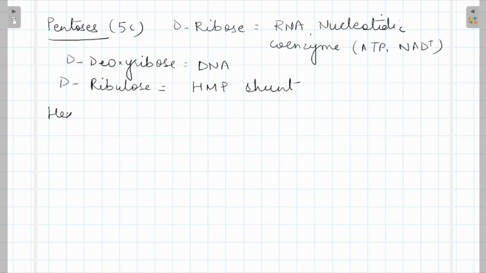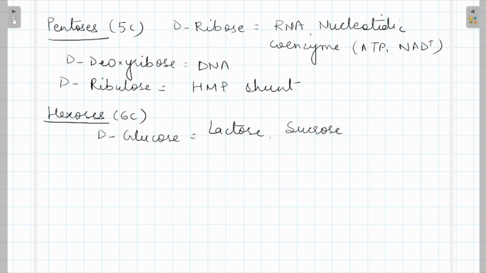Now the most important is hexoses. Hexa means 6. So it contains 6 carbons. The most common example is D-glucose. Glucose, we have already seen, is the constituent of lactose. Lactose is made up of glucose and galactose. Sucrose is made up of glucose and fructose.